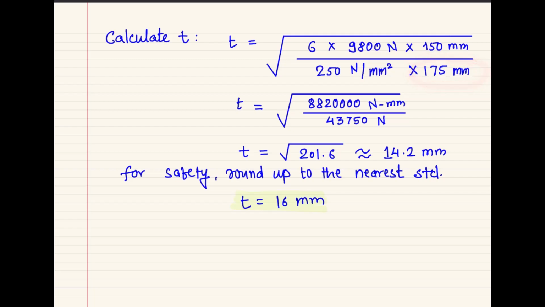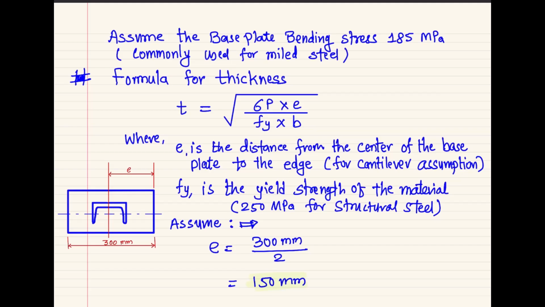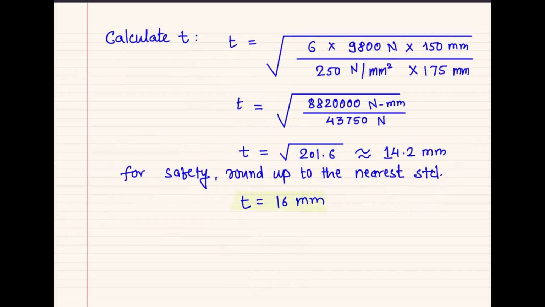This 175 is B, the width of the plate, 175 mm. Calculating this, we get the thickness T equals 14.2 mm. For safety purposes, we are going to round up this T to 16 mm.